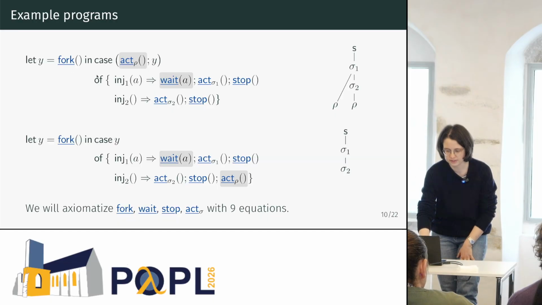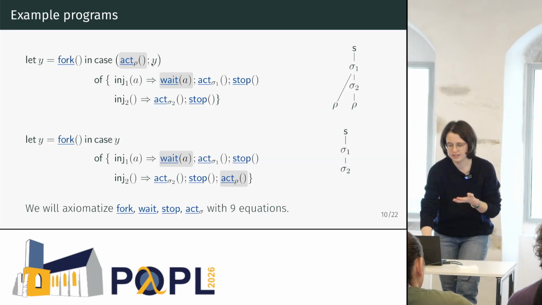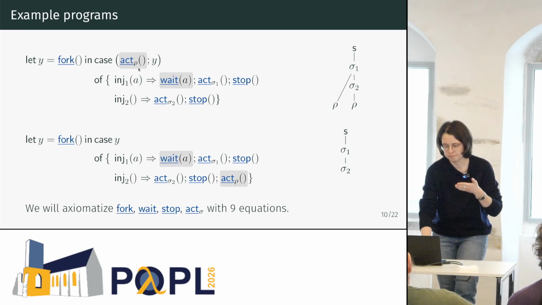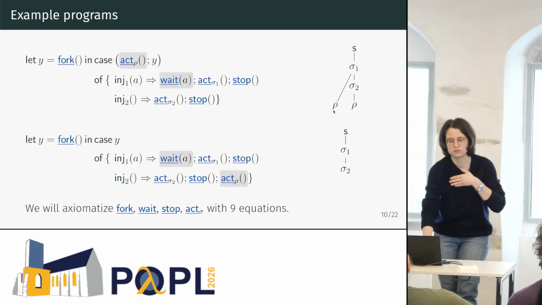So this is what this example shows. So let's say that in the continuation of fork, there is an action row. And the point is that this action will get copied in the child. So in the POM set, we can see there are 2 row actions. And so this is the example from the first slide.